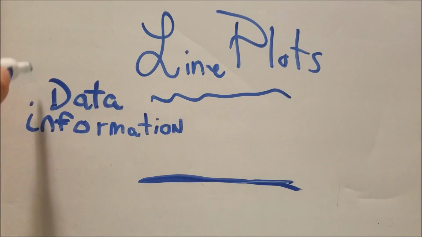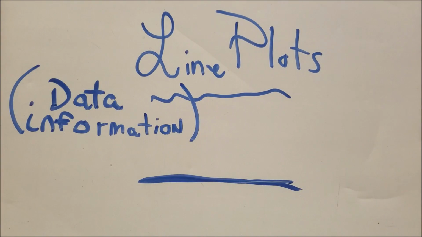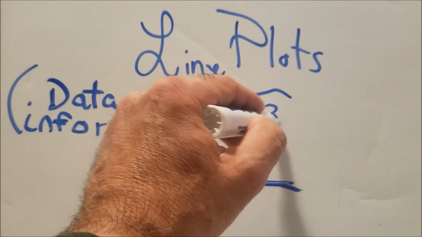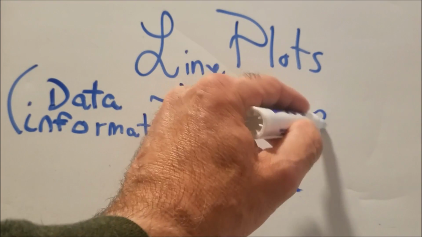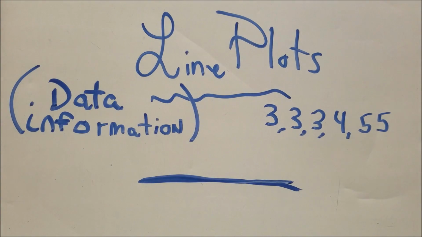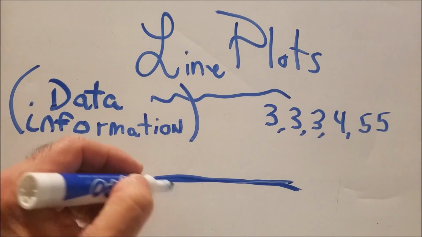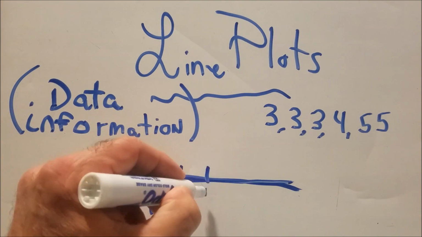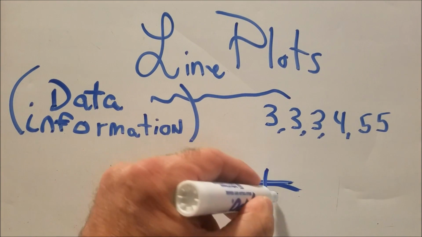It's just stuff that we can gather with numbers. We can make a line plot. So for example, let's say you saw the numbers 3, 3, 3, then you saw a 4, then you saw maybe 2 5s, right? So we can plot that. This is 1, this is 2, this is 3, this is 4, this is 5.